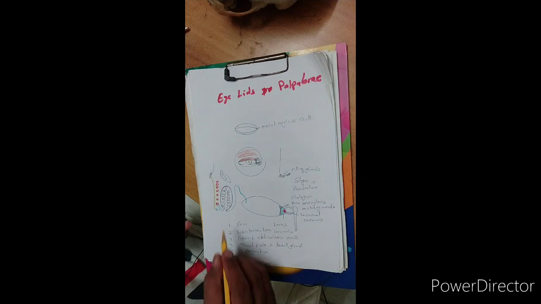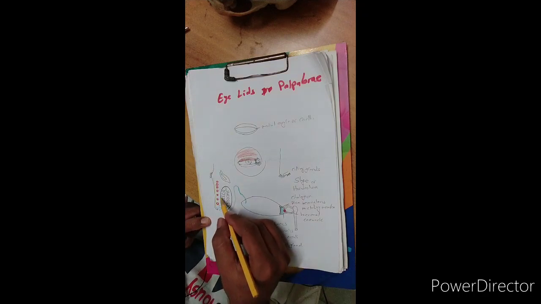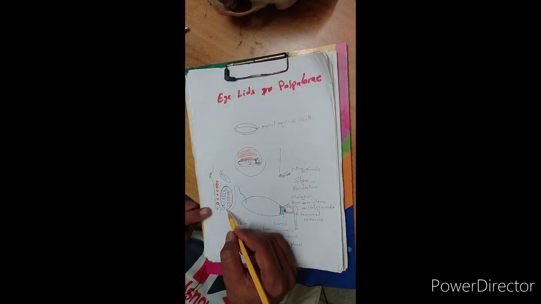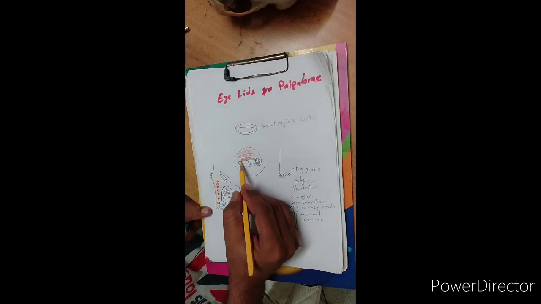Then after this there is a tarsal plate. This tarsal plate is a thick fibrous tissue, a mass of tissue, which is situated at the lid margin. This is the lid.